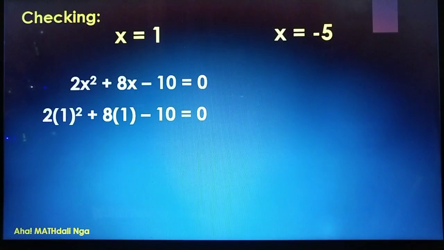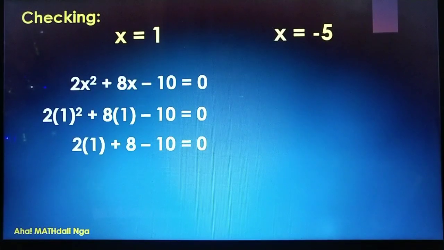Simplify, we have 2 times 1 because 1 times 1 is 1. Then, positive 8 times positive 1 is positive 8. Copy negative 10 equals 0.